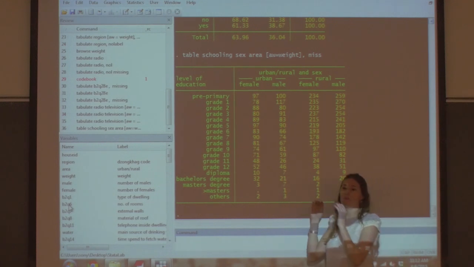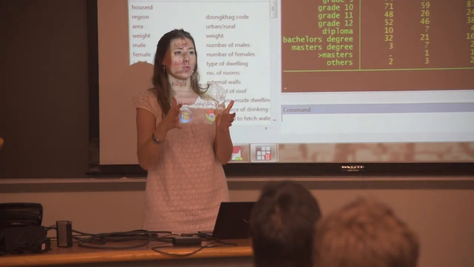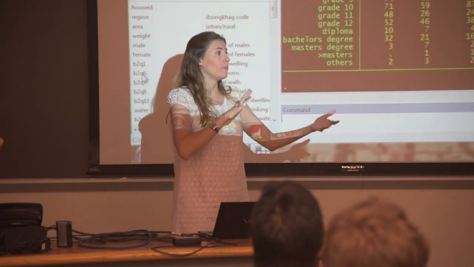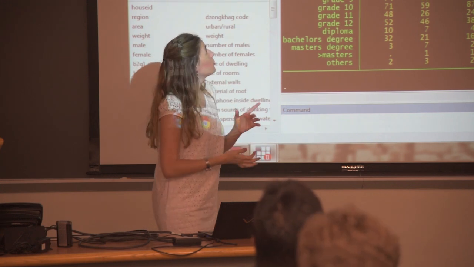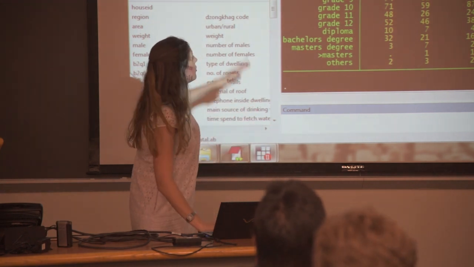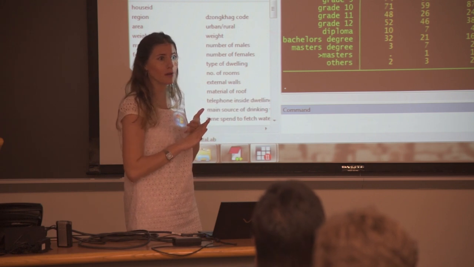So we can get even deeper into the information. And again, this is important to compare groups, to be able to compare by area and by gender. It's important to bear in mind that the order of how you put these indicators is going to change how they appear in the table.